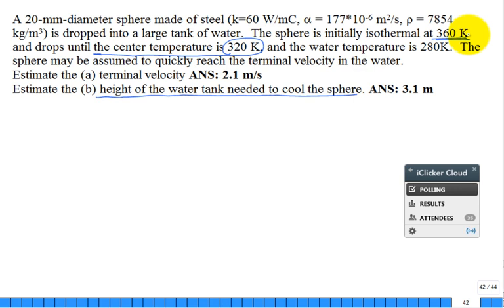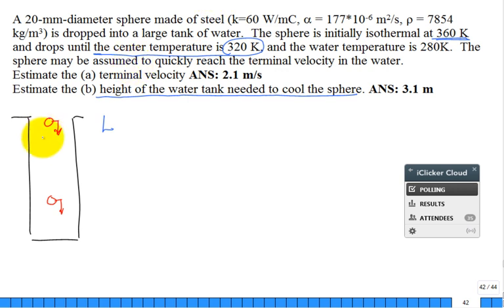So if you want to know the height, let's say L. I don't know why a lot of students have trouble with this one. It starts right up here. Your assumption is it immediately is at the terminal speed of falling in the fluid. And you want to know what is that L, right?